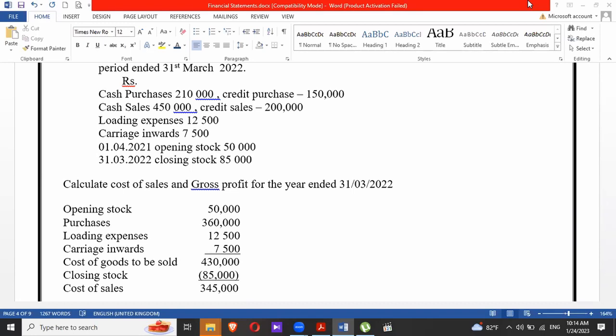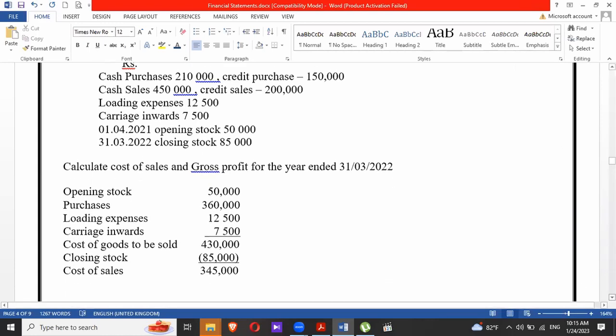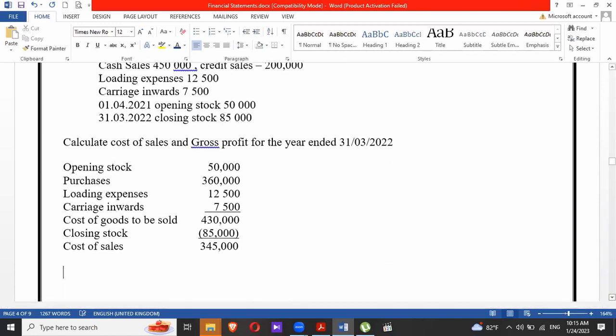We need to calculate gross profit also. To calculate gross profit, we'll write the formula. Gross profit equals, now you know this, right? Gross profit equals sales minus cost of sales.